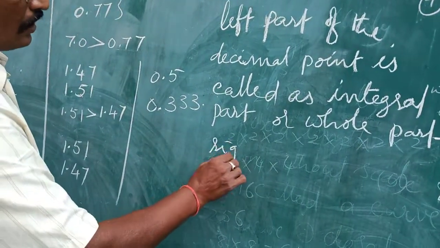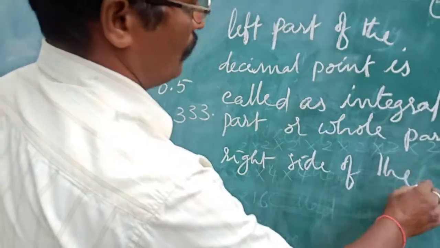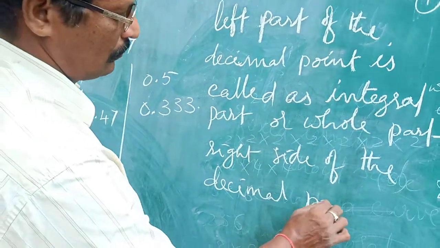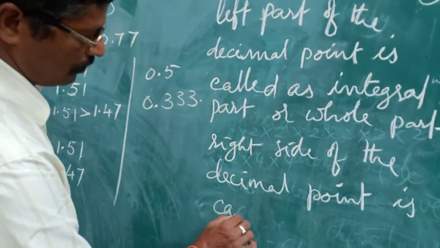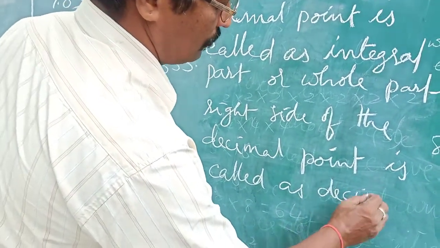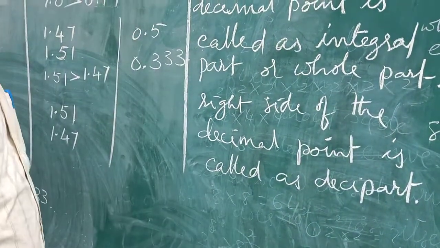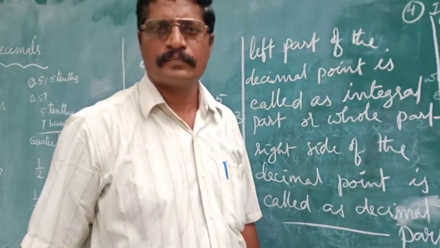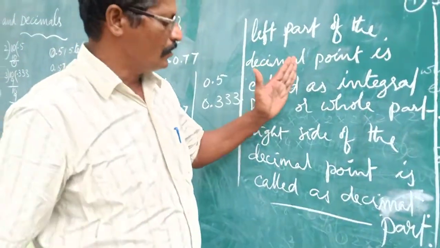The right side of the decimal point is called the decimal part. This is the most important thing: integral part and decimal part.